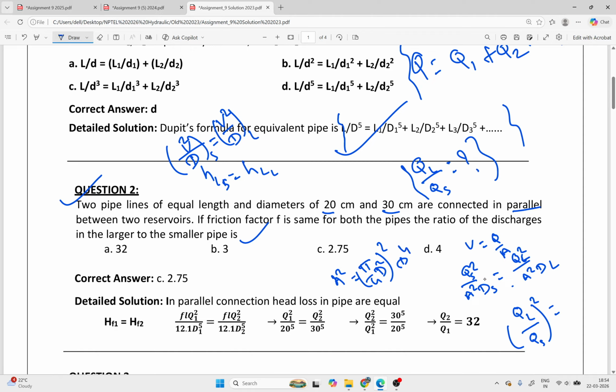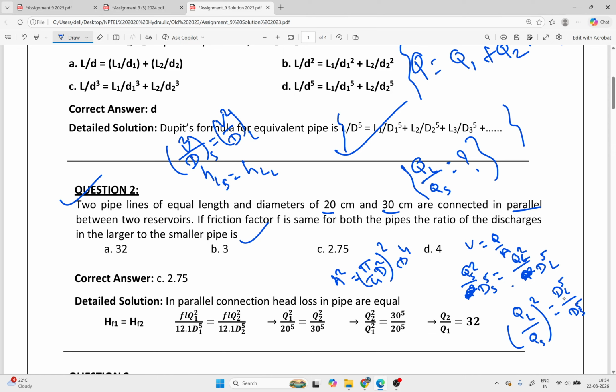So you will get d to the power 5 here and d to the power 5 there. Pi by 4 will cancel out anyway. So d large to the power 5 over d small to the power 5.